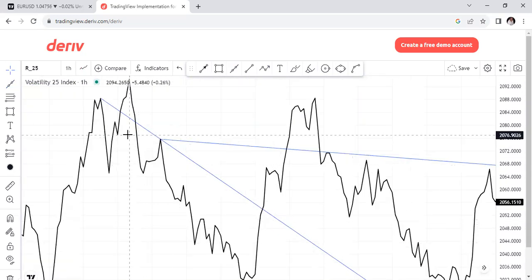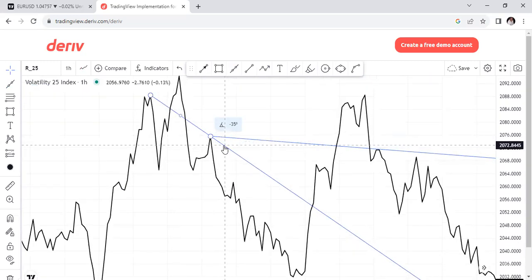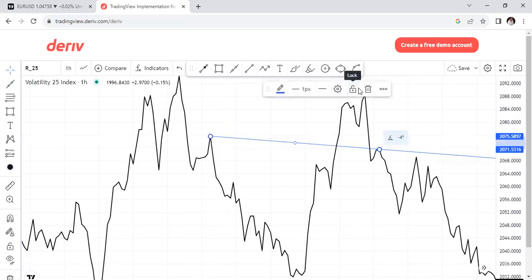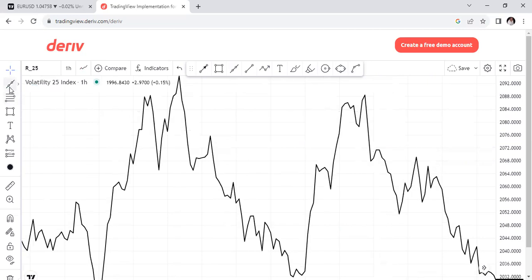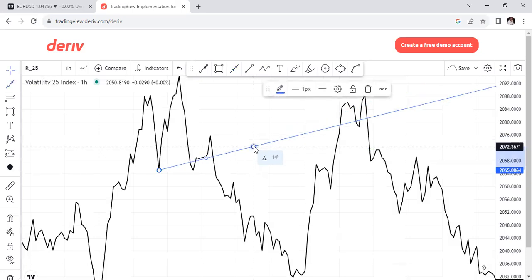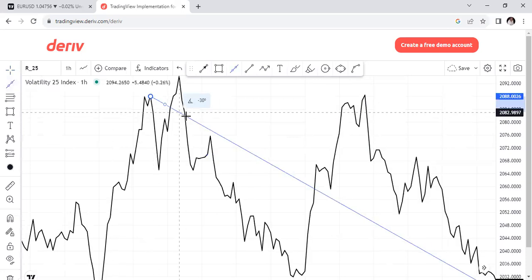So that is it for this stuff, for trend line. Let me see if this connects. Yes, oh, it doesn't connect. Yeah, we have another one here.